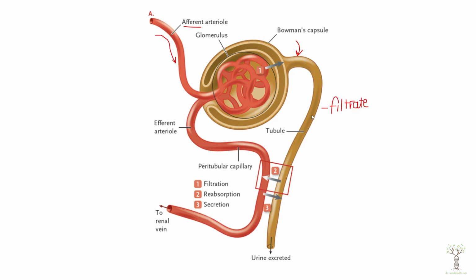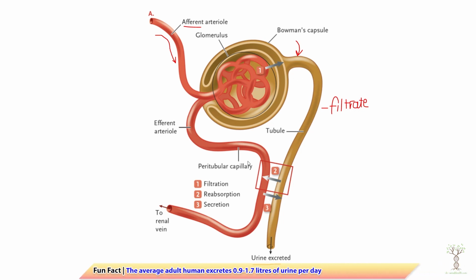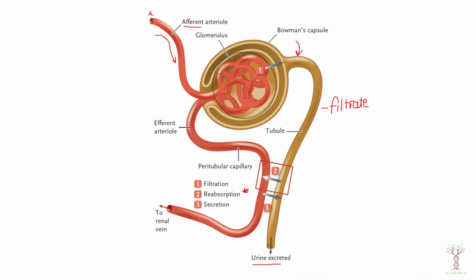In this filtrate, it contains all kinds of water and nutrients and ions that we don't necessarily want to excrete. We need to move a lot of these substances back into the bloodstream. And that is this process here called reabsorption. After the blood moves from the glomerular capillaries, it's going to come back out through efferent arterioles.